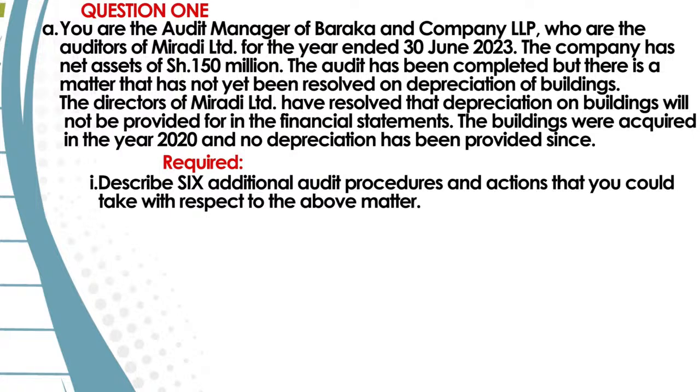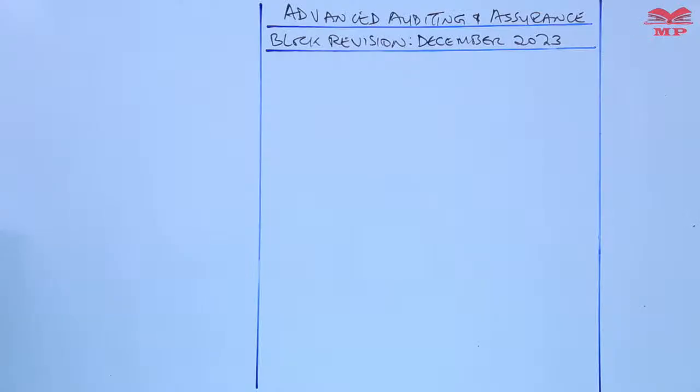Candidates were required to describe 6 additional audit procedures and actions that could be taken in respect to the above matter. So let us put down the additional audit procedures.